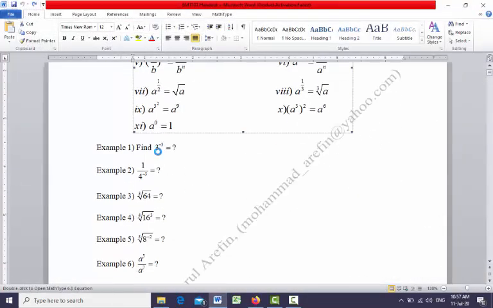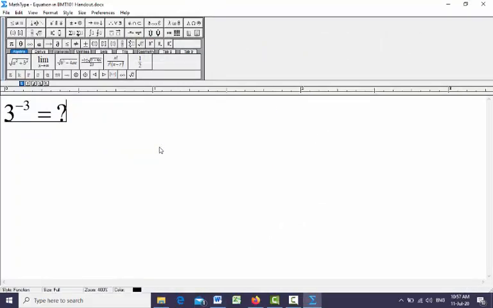Now let us solve one problem. Here the question is asking what is 3 to the power minus 3. So in other way, the question is asking, if you want to remove the minus sign from the power, what we will have. So let us solve it. As I said before, if you want to remove the minus sign from the power, you have to bring the base along with the power in the denominator, except the minus sign.